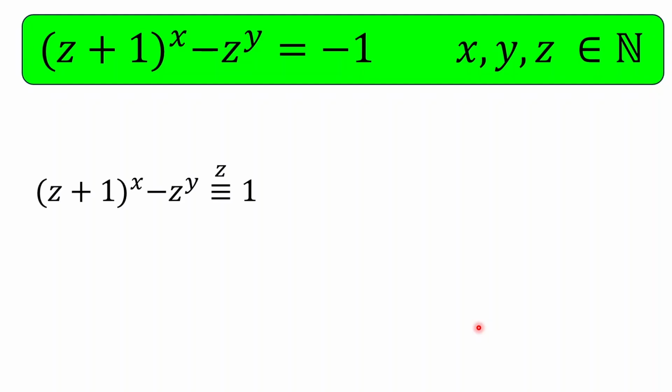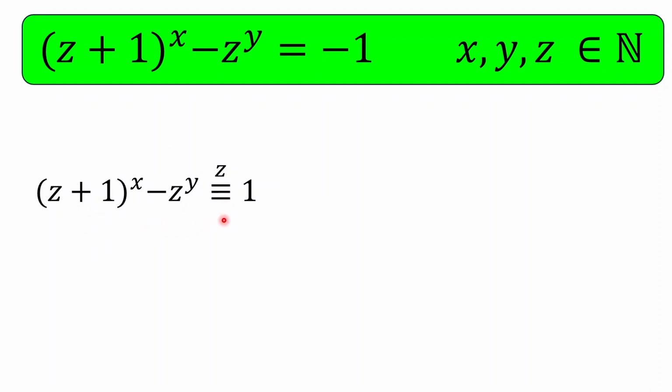All right, so here we have the equation written here. What I'm going to do is calculate the left side of the equation modulo z. z modulo z is 0, so 1 modulo z is 1, and this power x would be 1, and this one is also 0.